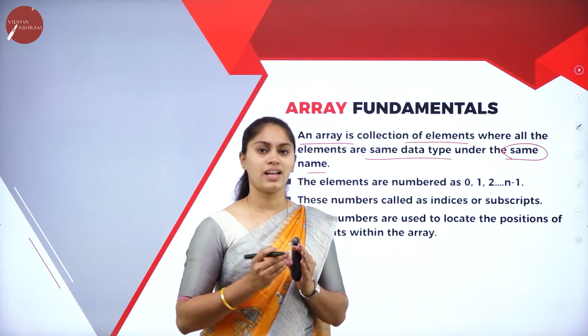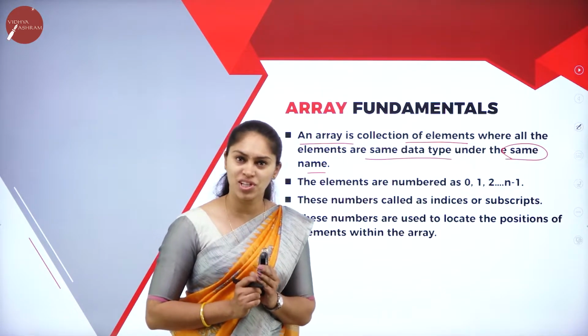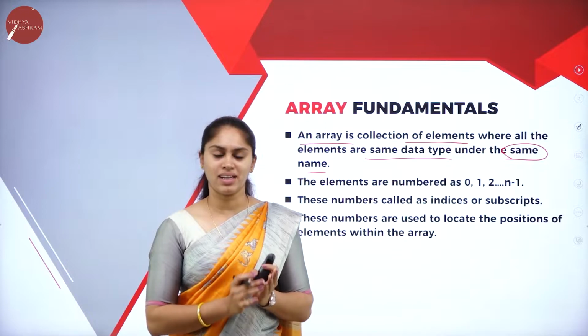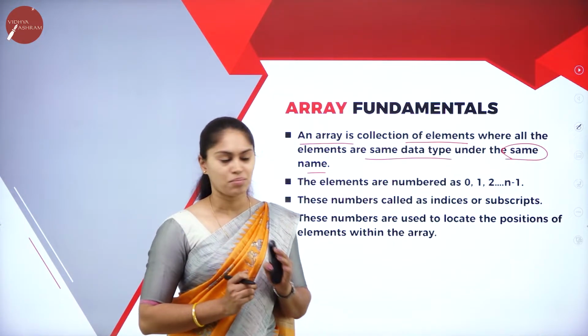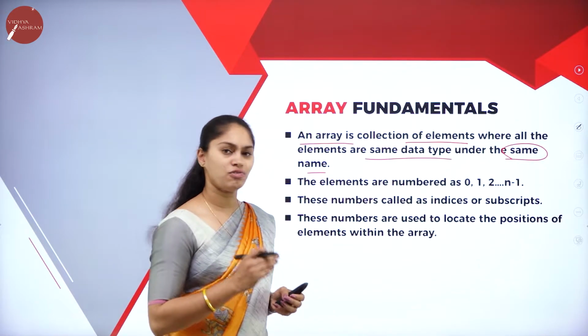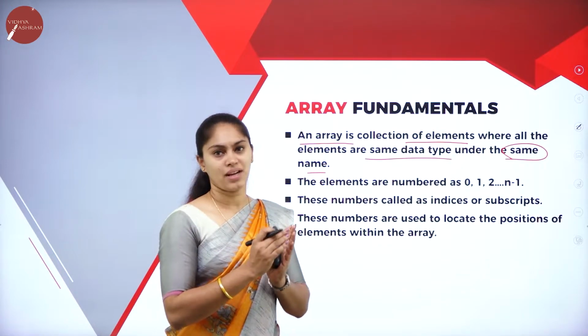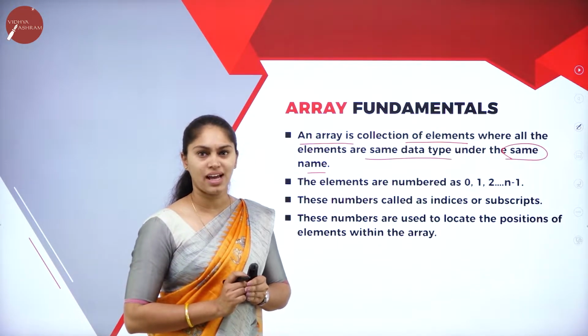That is what an array is all about. An array is a collection of homogeneous elements, homogeneous in the sense of the same kind of element, and it must be of the same data type. So an array is a collection of elements where all the data items are of the same data type under a single name.